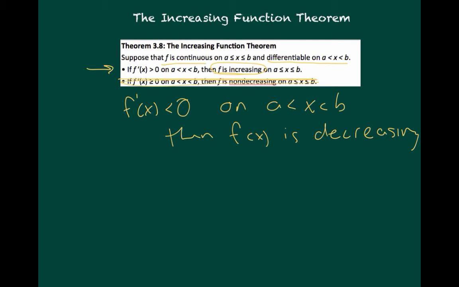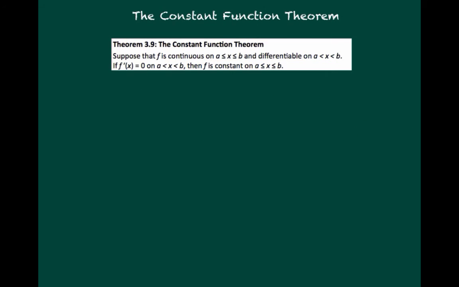Okay, let's move on to the next theorem, the constant function theorem. This is a pretty simple and straightforward theorem, but it's very important. Once again, suppose that f of x is continuous on the closed interval and differentiable on the open interval, no jumps, holes, corners, cusps, the whole bit.